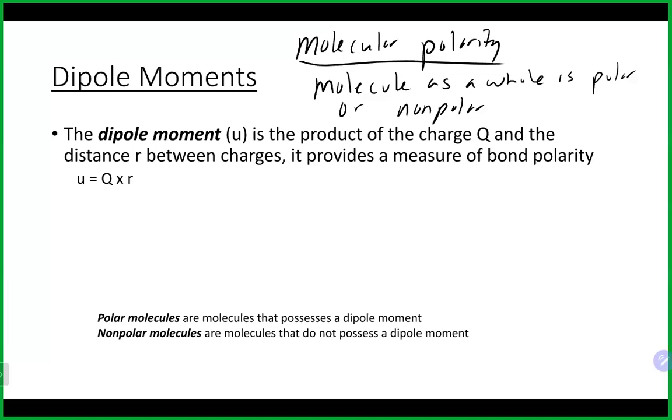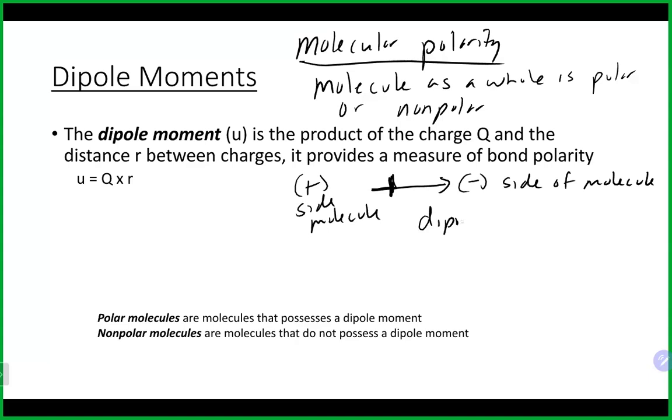Only polar molecules have what are referred to as dipole moments. Dipole moments are represented with that same arrow that we used previously with our polar bonds. And in this particular case, it points to the more negative side of the molecule. And again, the back part here is the more positive side of the molecule.